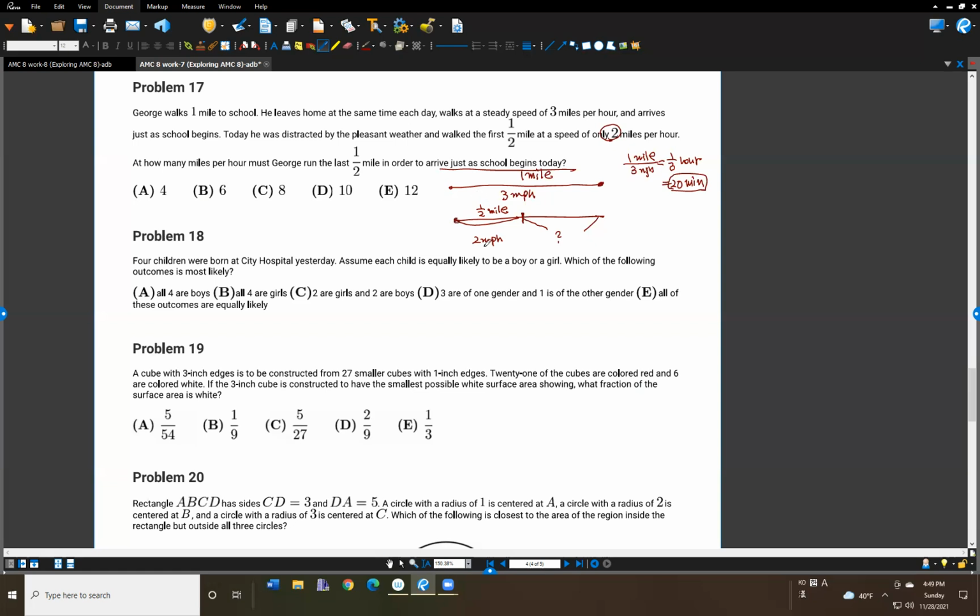For the first half mile, how many minutes did it take? Distance divided by 2 is 1/4 hour. 1/4 hour times 60 is 15 minutes. For the second half, he has only 5 minutes left. 5 minutes is 5 over 60 hour, which is 1 over 12 hours.